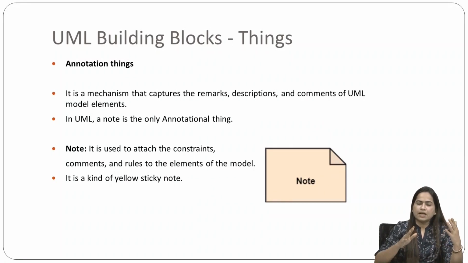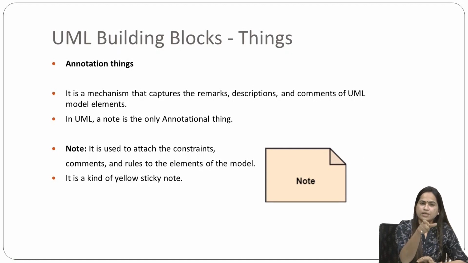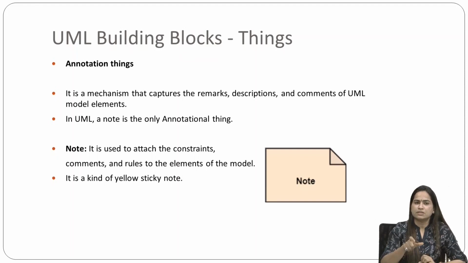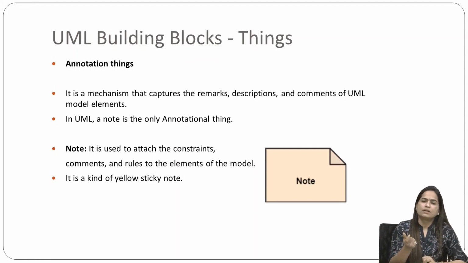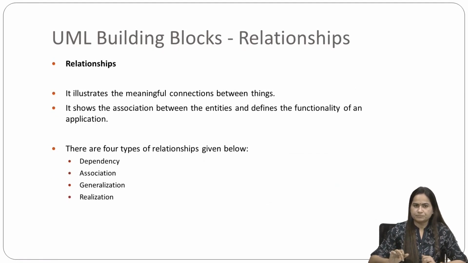We can say it is a kind of sticky note which gives us an indication of what a particular type of object or class, or anything we have seen, structural things, behavioral things, are actually doing. That remark we can give with the help of a note.